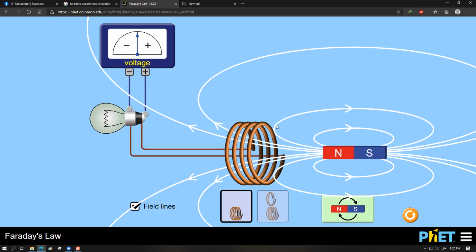You said that field lines are imaginary, but when we do the iron filing test, it seems like there are actual field lines where the field strength concentrates. Those iron filings represent a certain alignment of the iron filings.